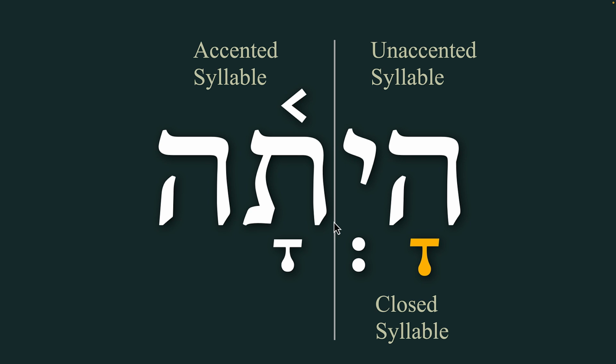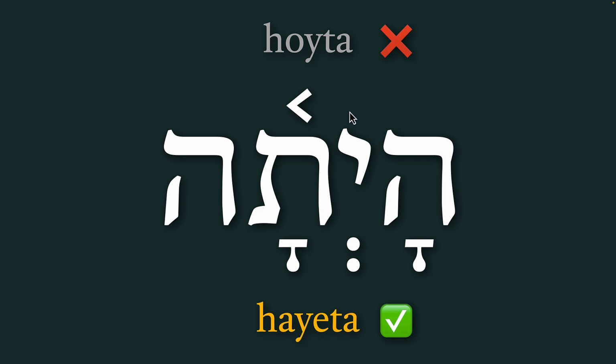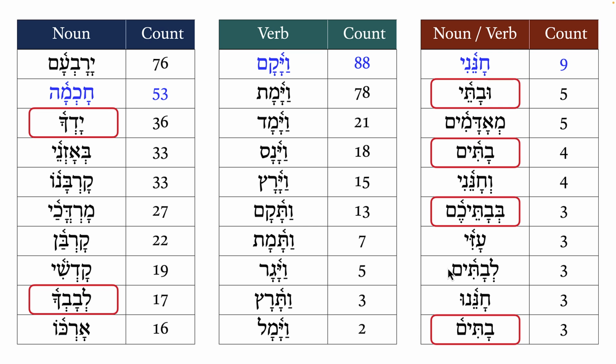You should draw another line after hey, and that hey and this qamats becomes an open syllable, and then yod with a shwa, the vocal shwa becomes another syllable, so there are three syllables, hayata. If you make this a closed syllable, it becomes hoita. So it is not hoita, it is hayata. Hayata is correct. So what are we going to do?